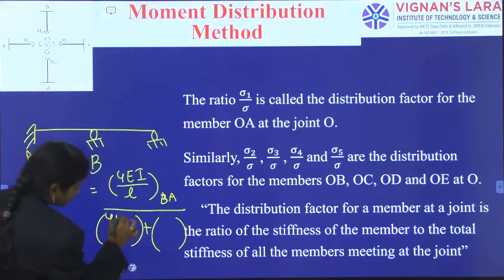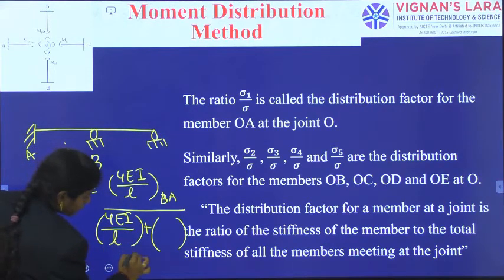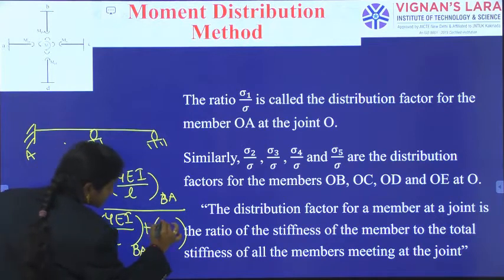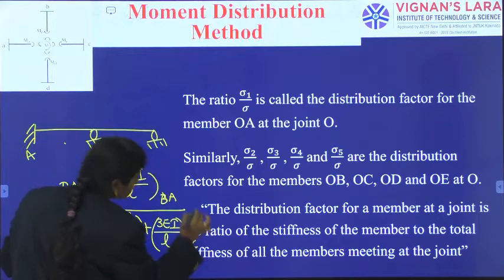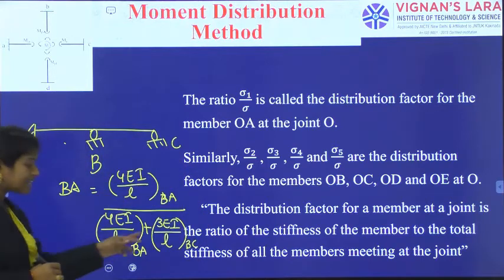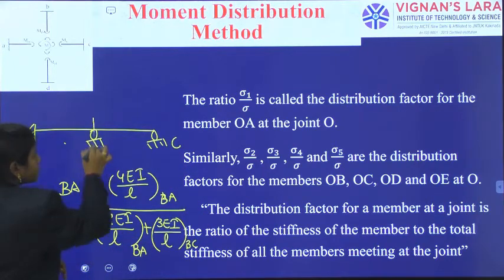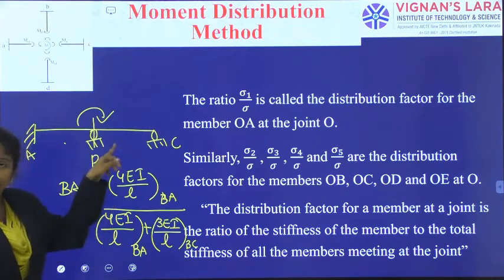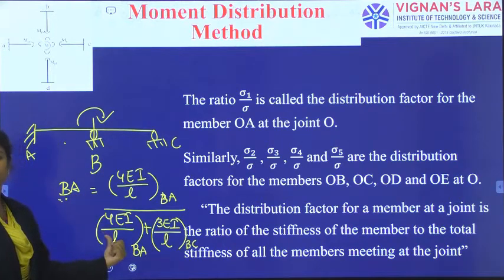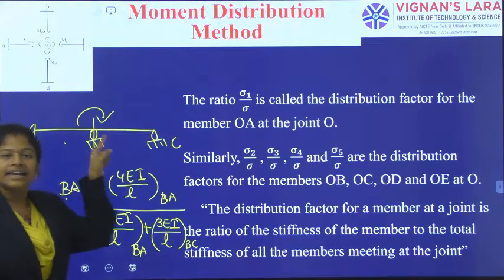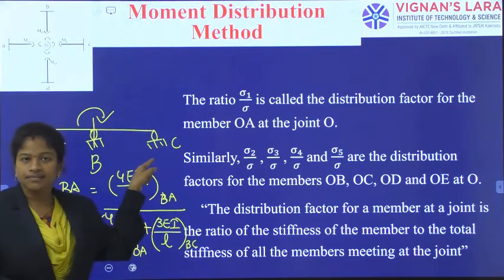So, 4EI by L of BA plus 3EI by L of BC, maybe it is C. Why is it 3? Because from the rotating point, I am taking at B, at B towards A, at B towards C, because I am calculating joint moments here.